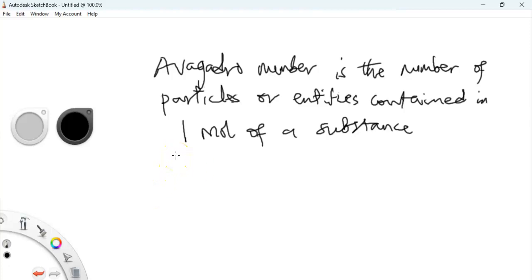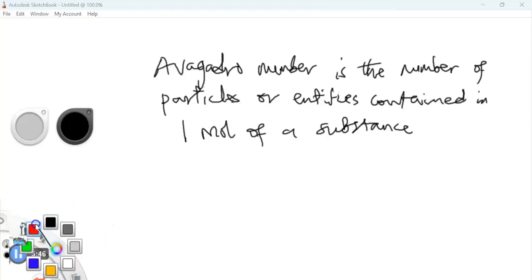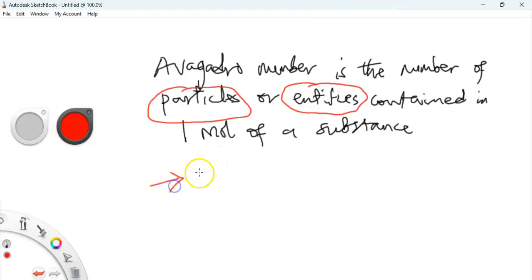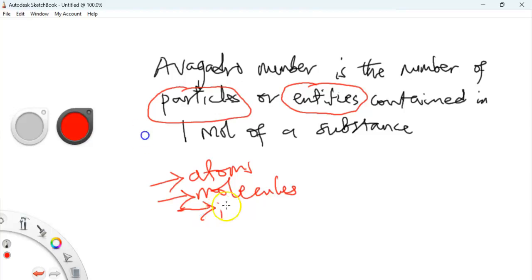These particles of a thing, or these entities, can actually be either atoms or molecules or ions.